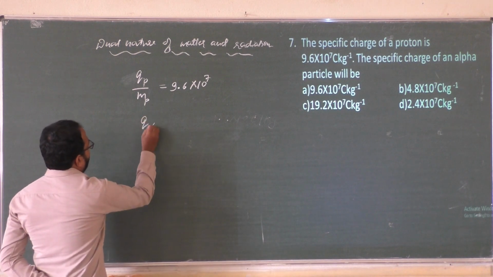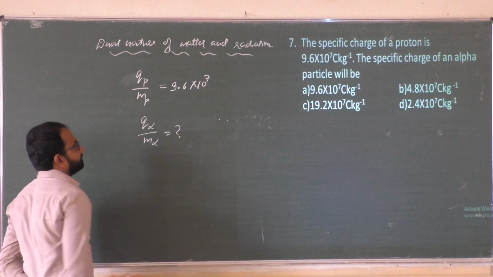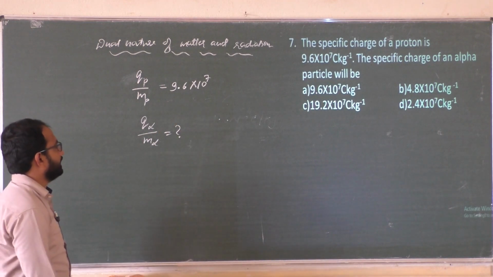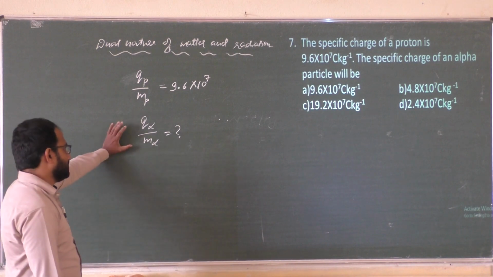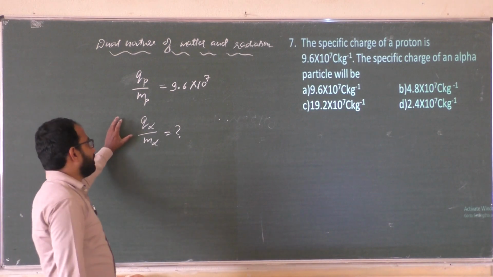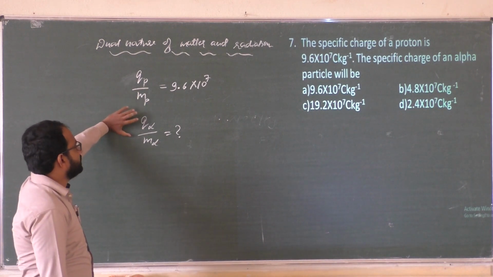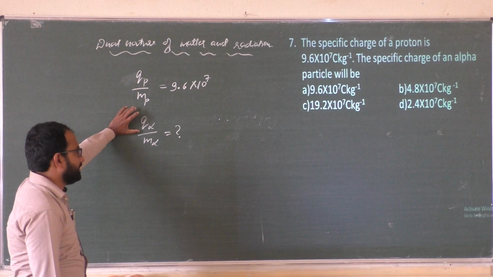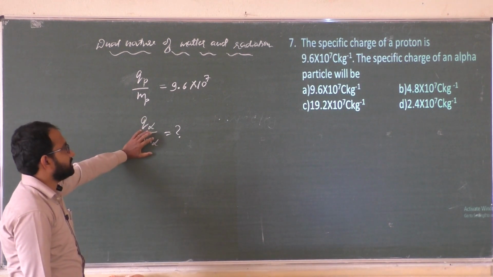Say Q alpha by M alpha is equal to how much? So how to calculate? You have to compare the charge of the alpha particle with the charge of proton. What about the charge of the alpha particle if it consists of 2 protons? And what about its mass?